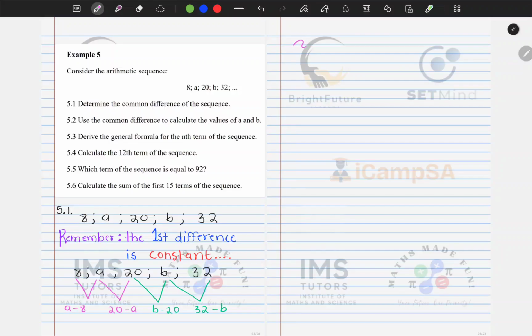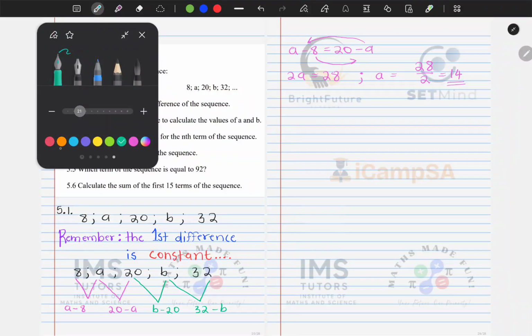So essentially what we have is a minus 8 should be equal to 20 minus a. So we can transpose the a to this side and take the 8 to the other side. So we'll have 2a equals 28. And I can easily find our a by just doing 28 divided by 2, which will give us 14.